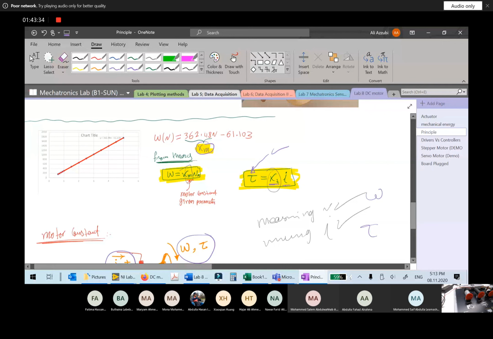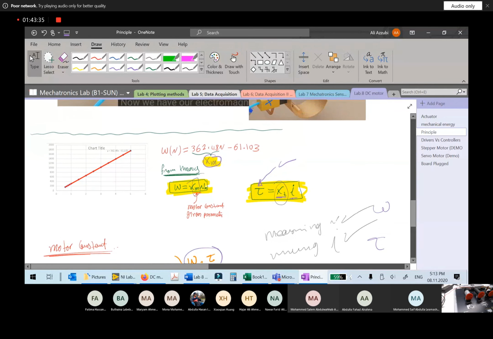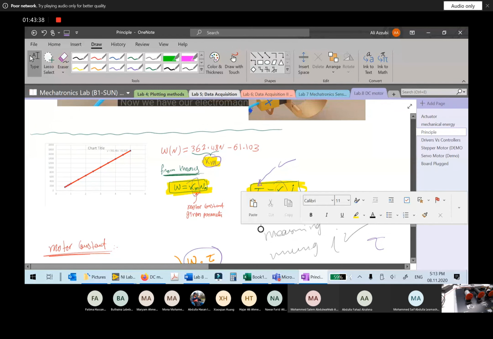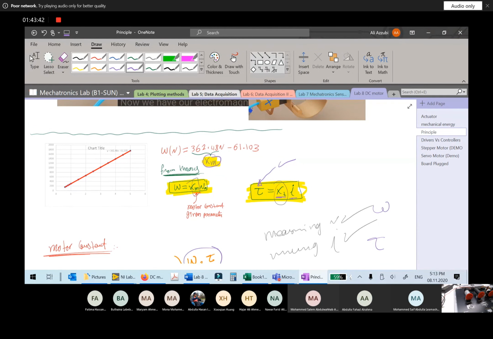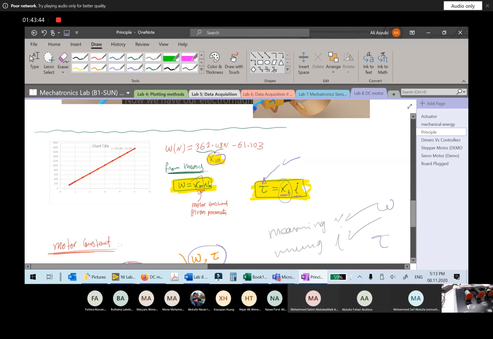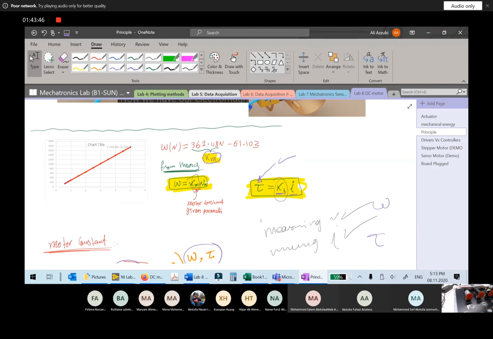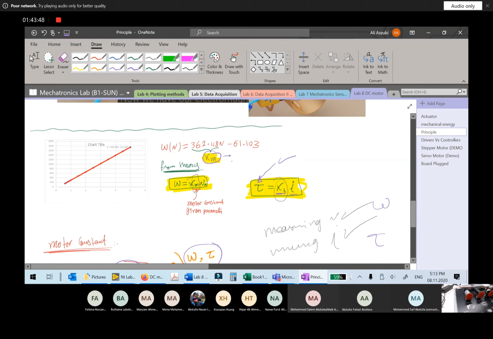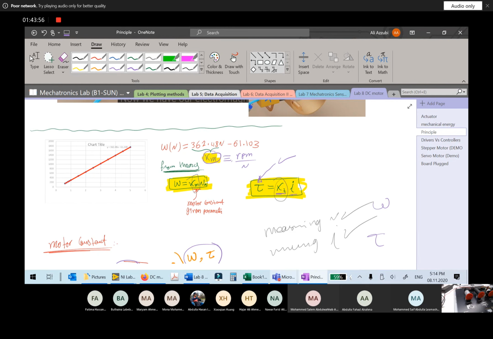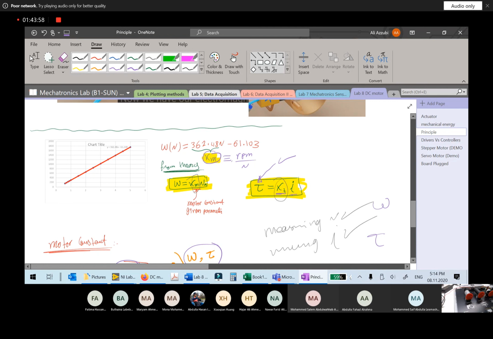Now this one is in RPMs. So in order to convert it, we need to convert the units here. What are the units here? Let's see. RPM per volt. Yeah. So if it was torque, it will be what?